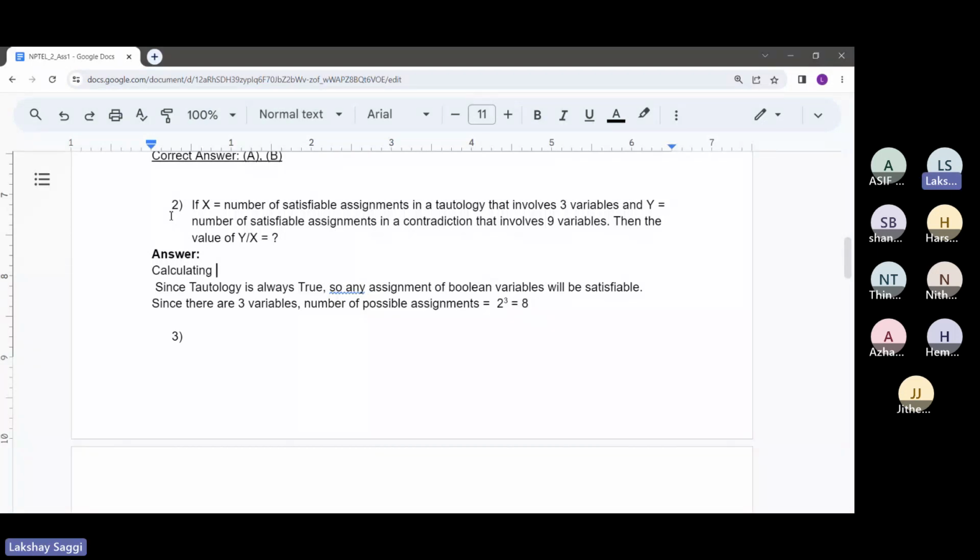Since a tautology is always true, any assignment of Boolean variables will be satisfiable. Since there are three variables, the number of possible assignments is 8. So what we get is the value of x is 8.